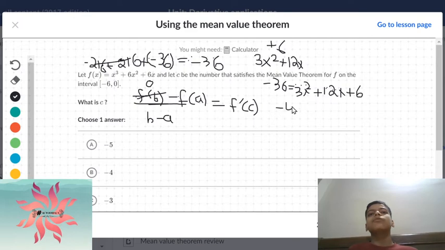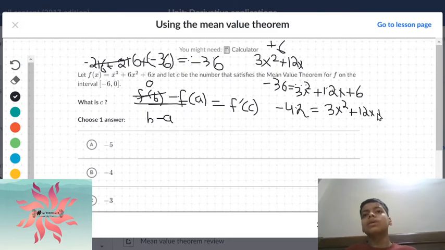This will be negative 42 is equal to 3x squared plus 12x plus 6, and we take out 3x from this.